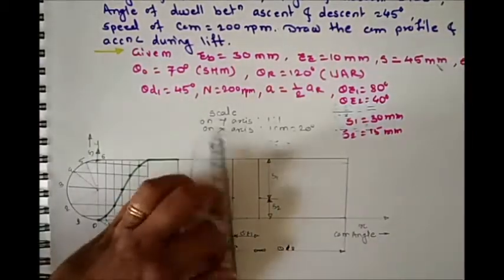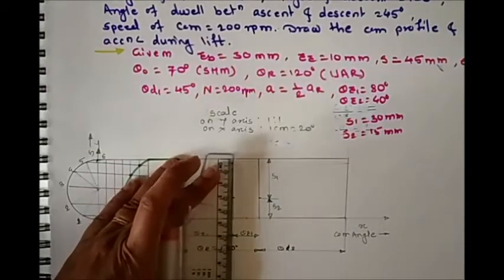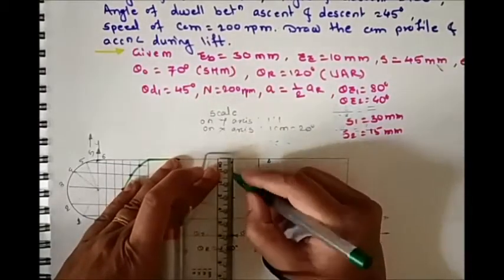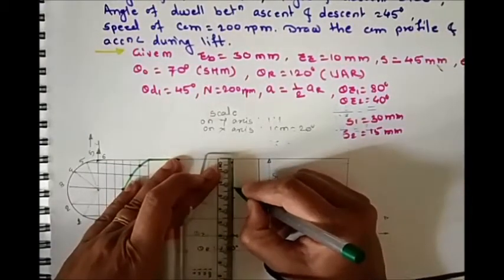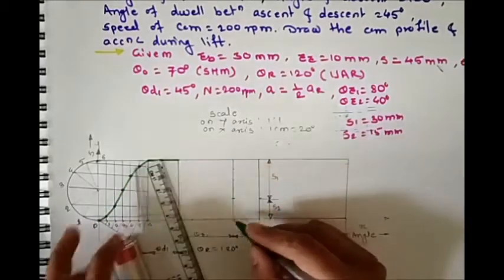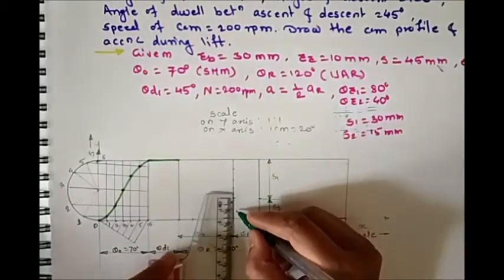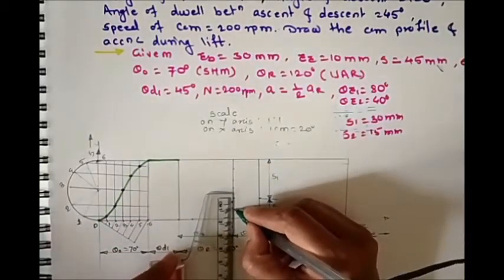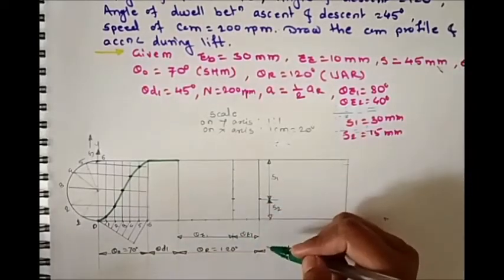we are going to divide the upper stroke length into 4 equal number of parts and the stroke length during the return is into 2 equal number of parts.